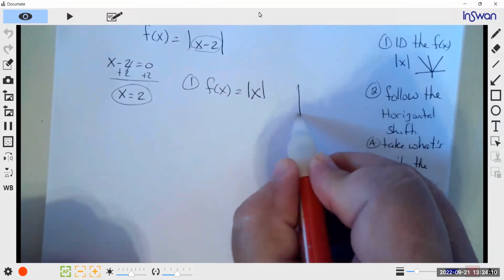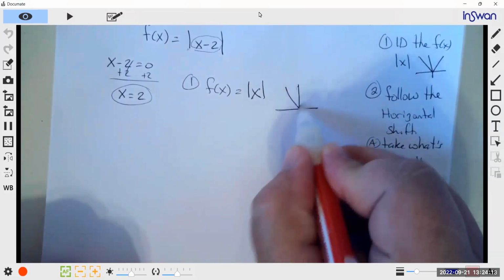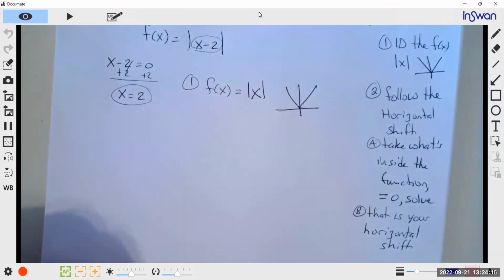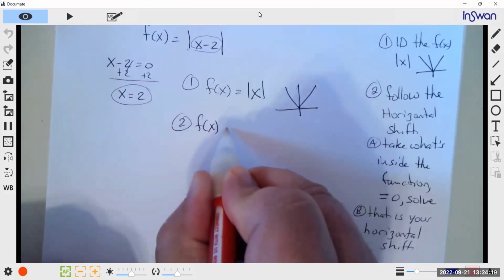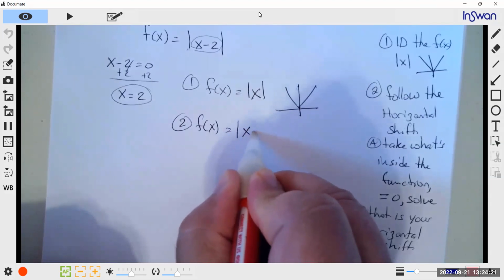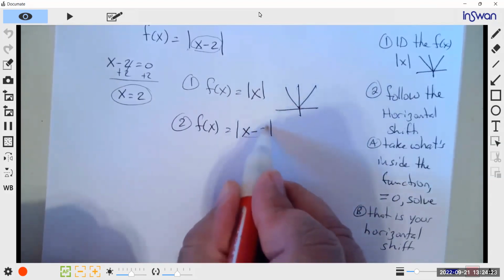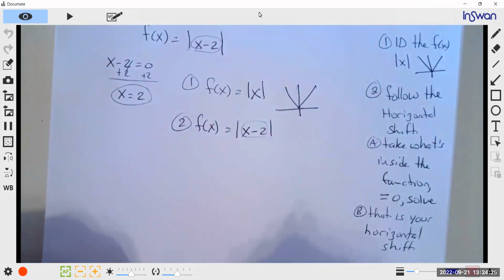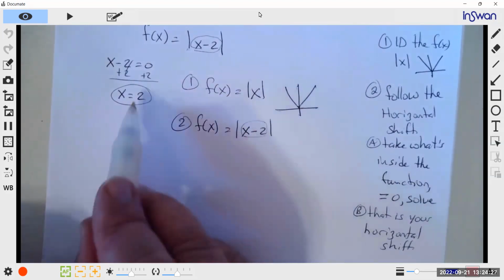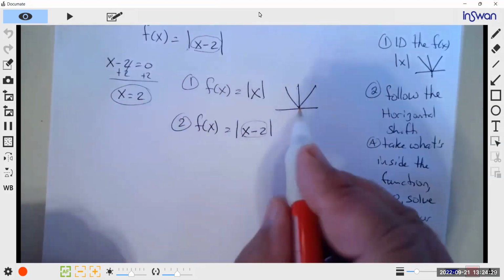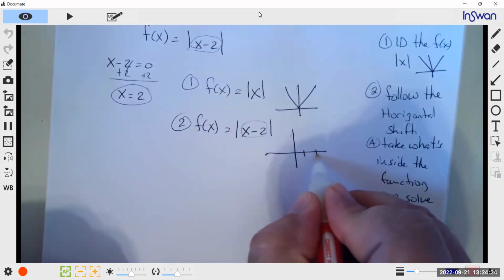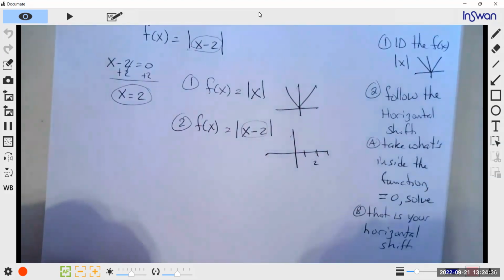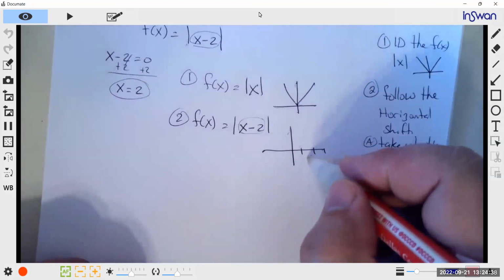So that graph is the v. Then I know that there's a change inside here. When I set it equal to 0, I get x equals 2. Now, this is my new shift.